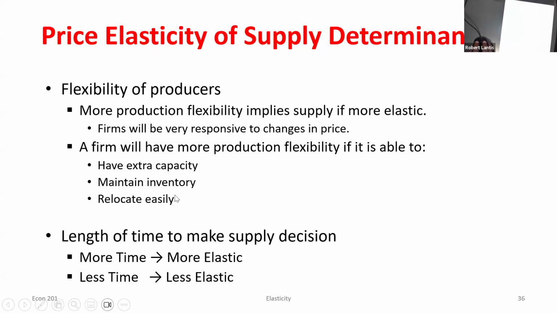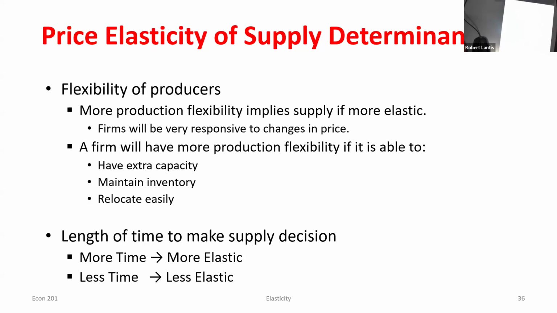Okay? Another example of this flexibility I would think about is relocation. So think about something like automobile manufacturers. If I'm Chevy, I can't just pick up and move my main production facility to a new country or even a new area where I think prices are going to be higher. But what is a good example of being able to relocate easily and being really responsive to price changes?